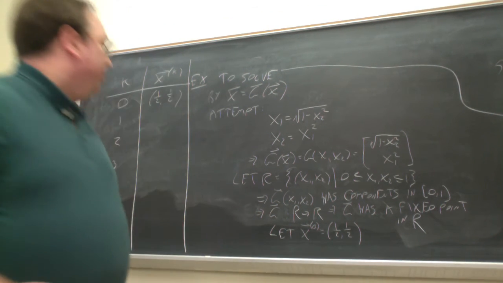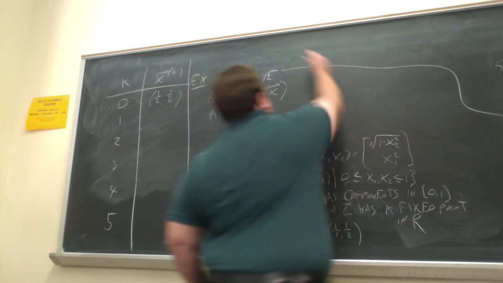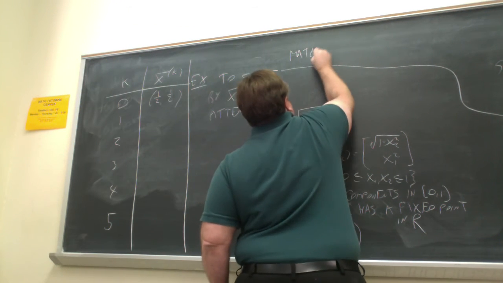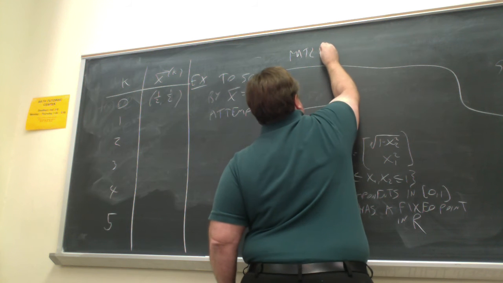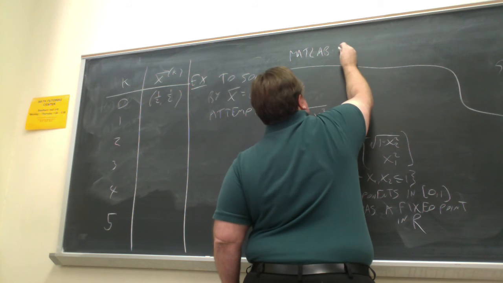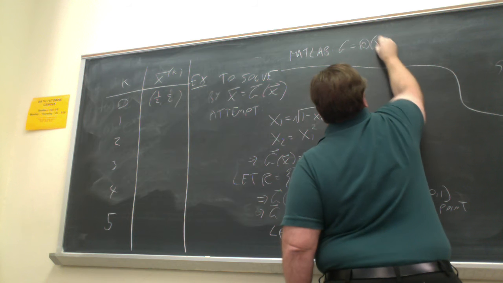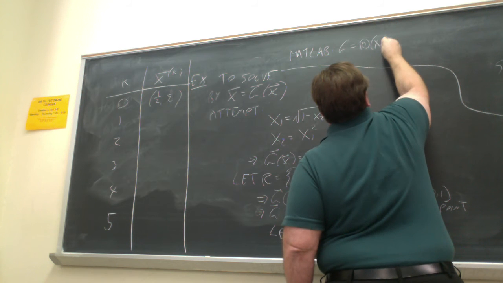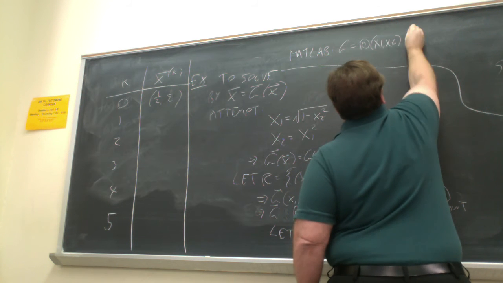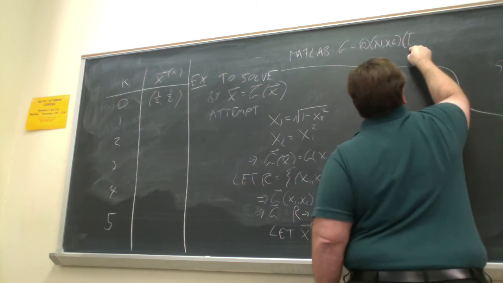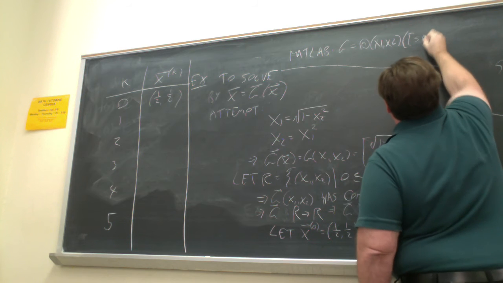So my MATLAB statement to define my function g is g equals @ x1, x2, and I use square brackets to make a column vector.